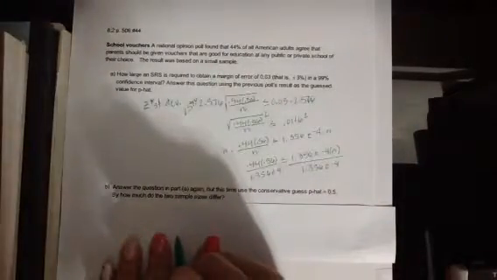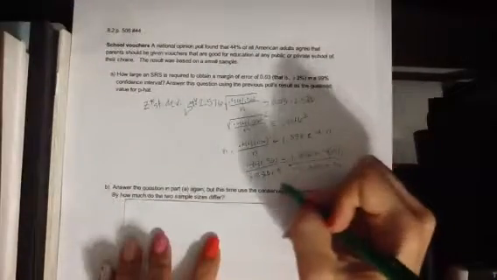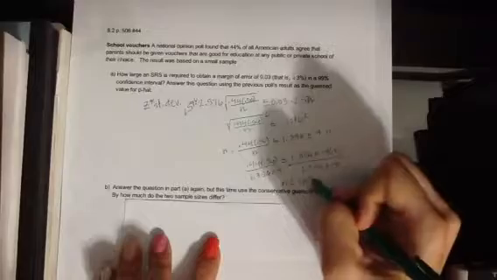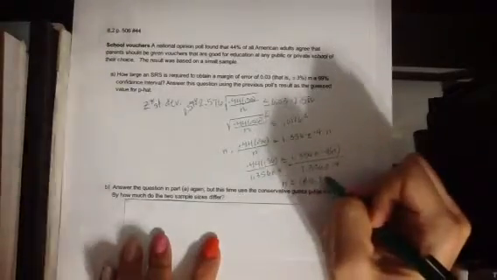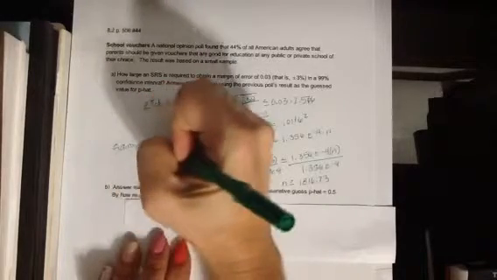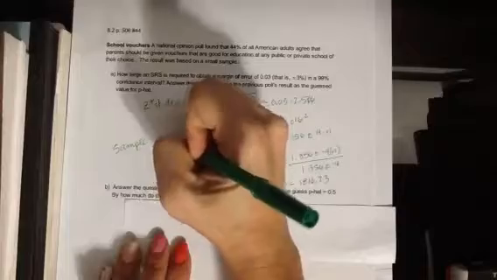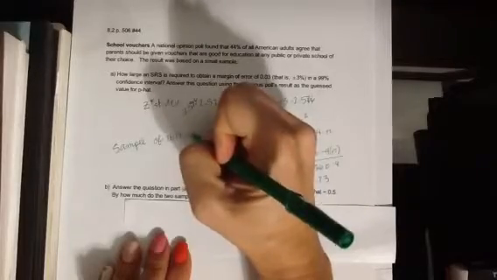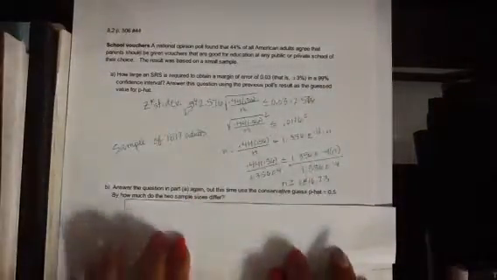And by putting that in, I find that my n needs to be greater than or equal to 1816.73. So I would say that we require a sample of 1817, and we were dealing with adults here. And that would be my answer.